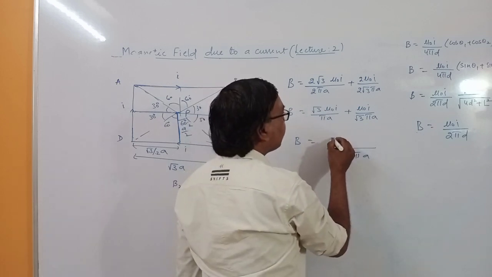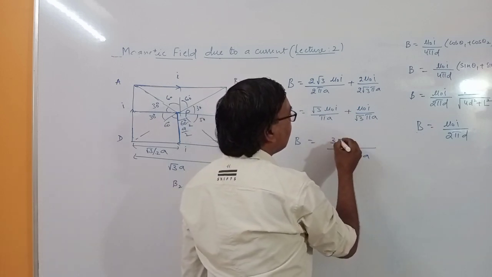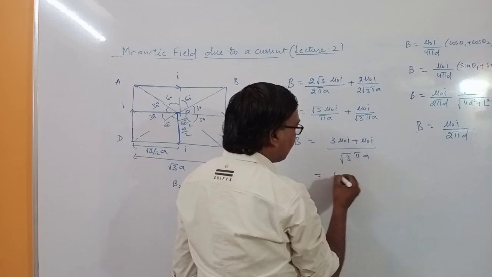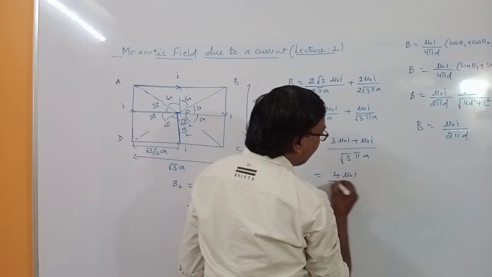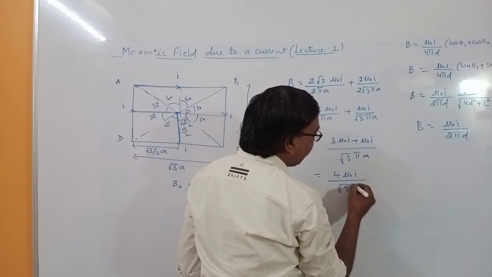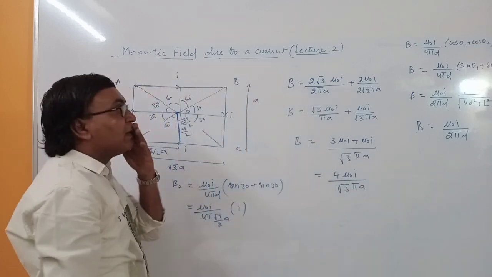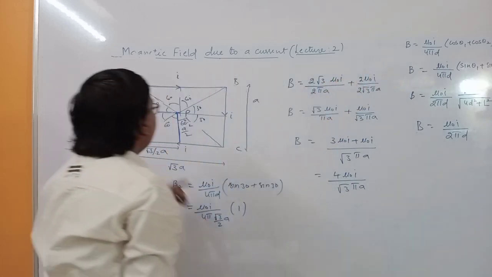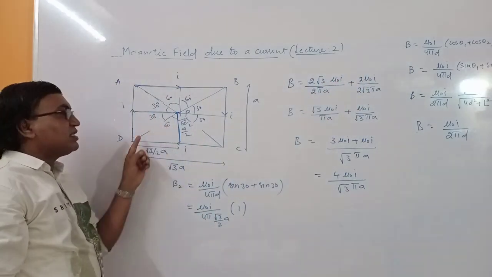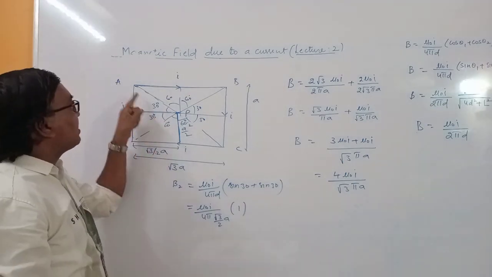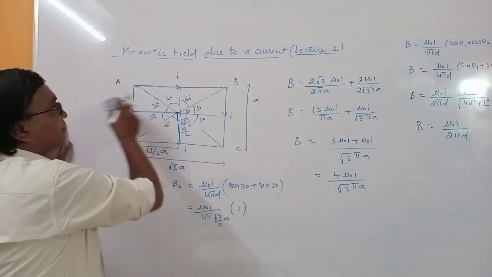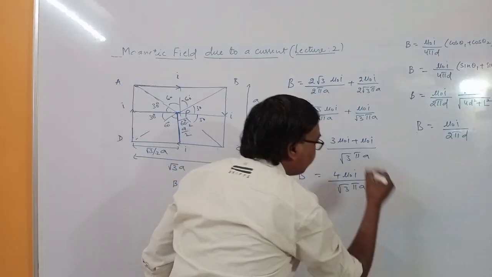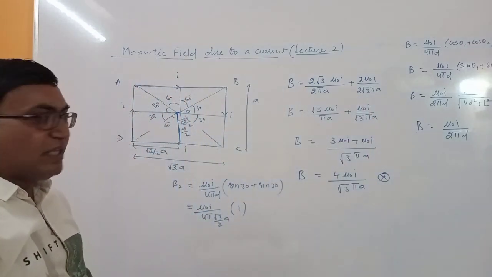So this will be 3 and this is 1: 3 mu naught I plus 1 mu naught I. So this will be equal to 4 mu naught I upon root 3 pi a. So we have applied this formula. If you want, you can also apply this formula by finding out the angle here. If this is 60, this will be 30. If this is 30, this will be 60. So this is the magnetic field directed inside the board, or directed inside the plane of the board.